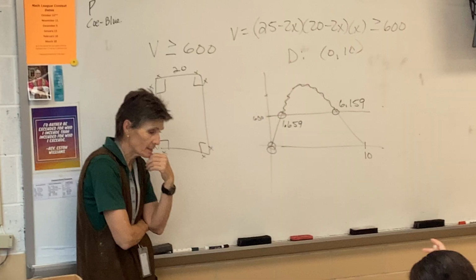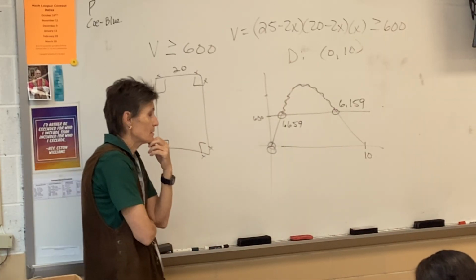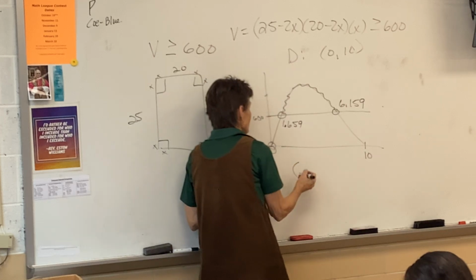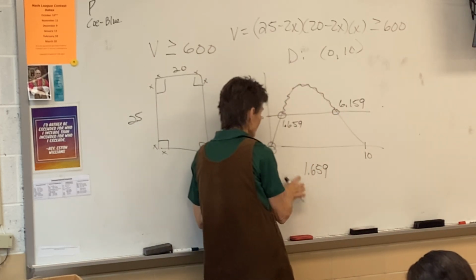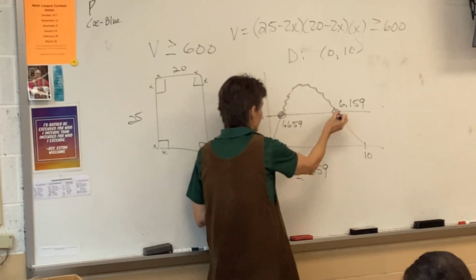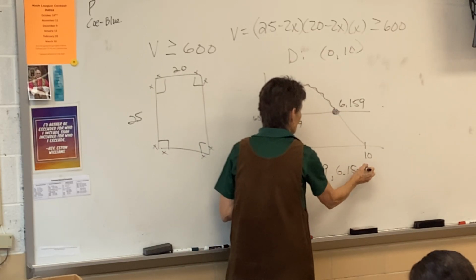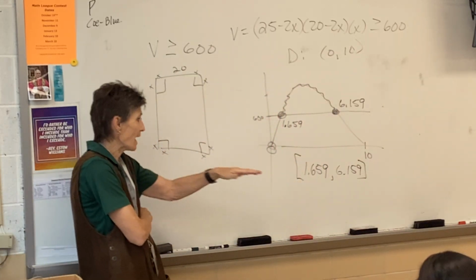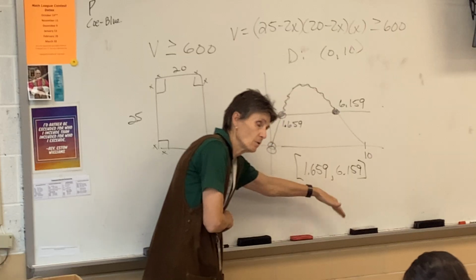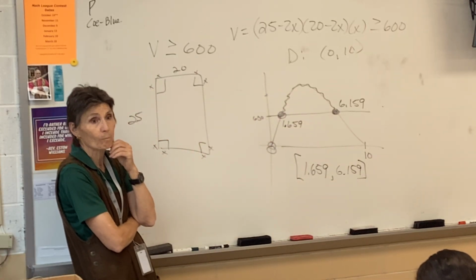So the question is, what size squares? Any squares from 1.659, which is actually equal to 600 so we'll count it, to 6.159, any square in that interval will make the volume of your box 600 or more.